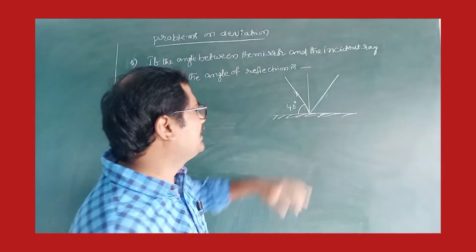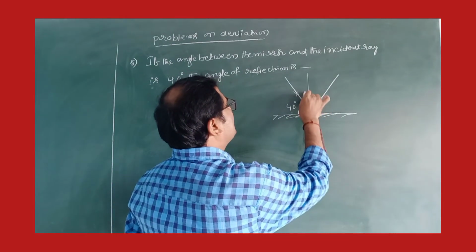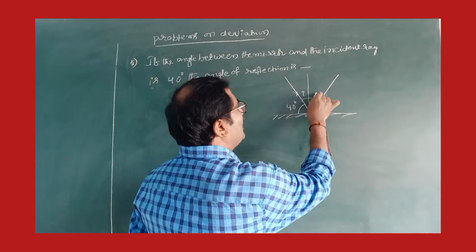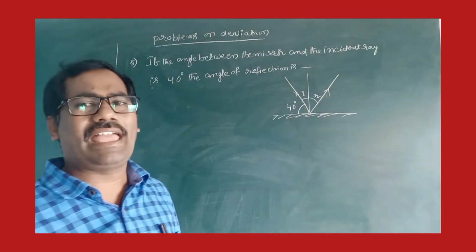The remaining angle, that means the angle with the normal, is i. With the normal, the reflected ray has the reflection angle.